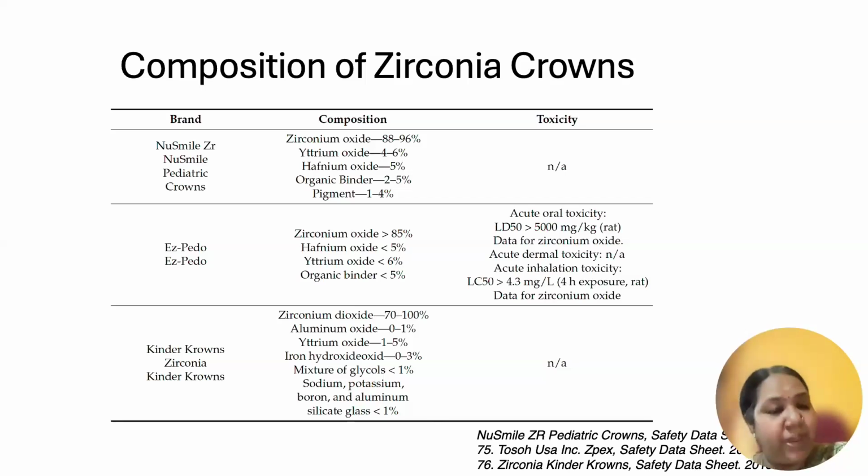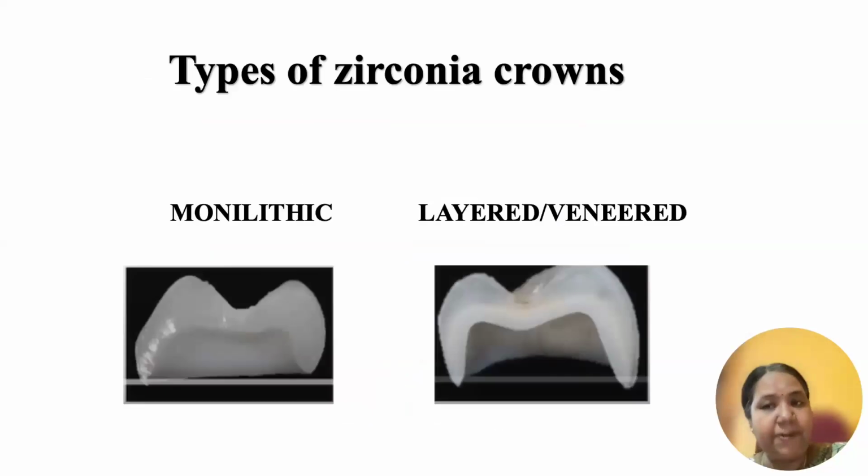In most of the commercially available pediatric preformed crowns, it's yttrium oxide, about 4 to 5% in different crowns. Then there is an organic binder, about 2% or always less than about 5%. Sometimes aluminium silicate glass or boron silicate glass is present, but again less than 1%. So the main composition, remember, is zirconium oxide.